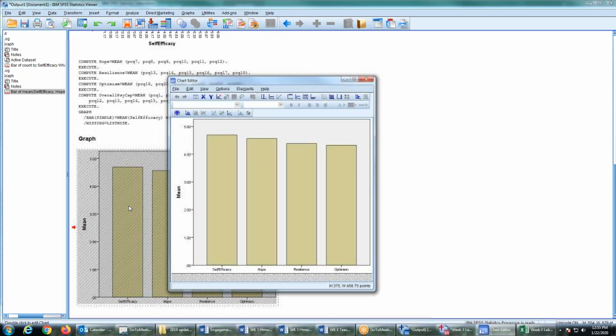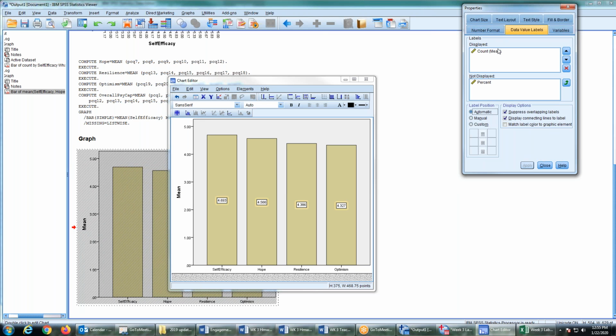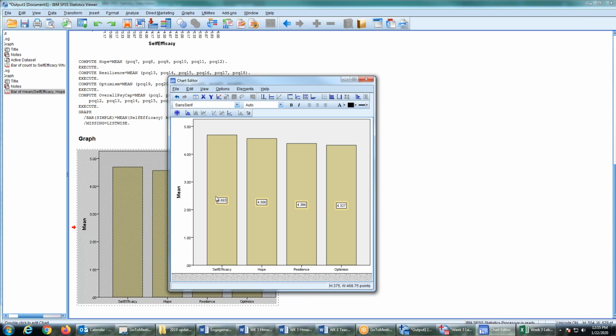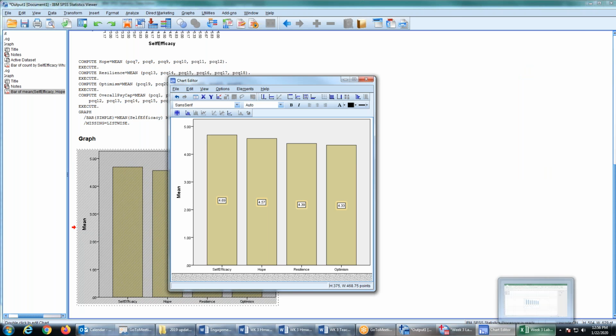And then going in and showing them how to do the data label here. And it's the count mean, okay. Number format, I don't know why it's got more than that. Oh, you must have to hit apply, okay. All right, so these are all really close.